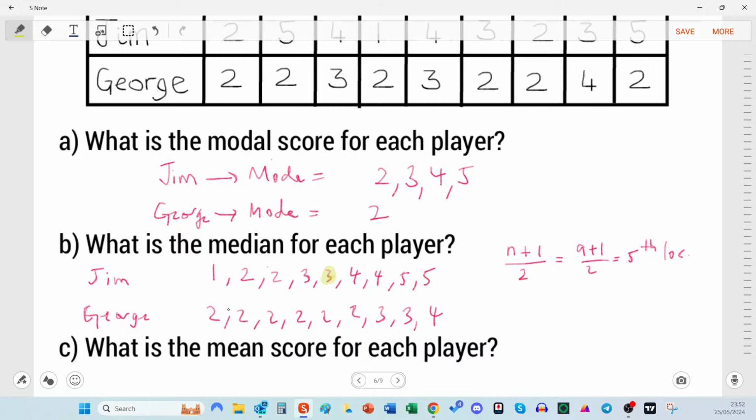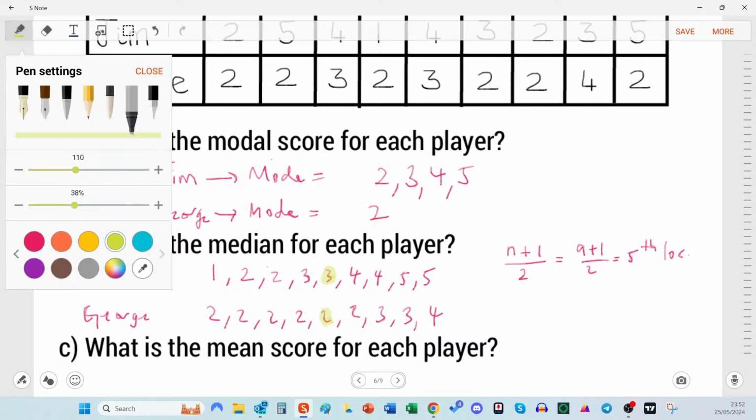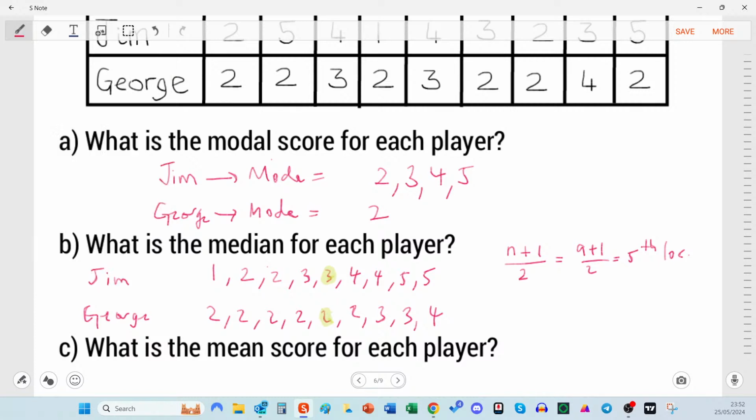It's right there. Okay, so that's going to count for both because it's about the location. So we can write here, actually let's call it quartile 2 equals 3, quartile 2 equals 2.